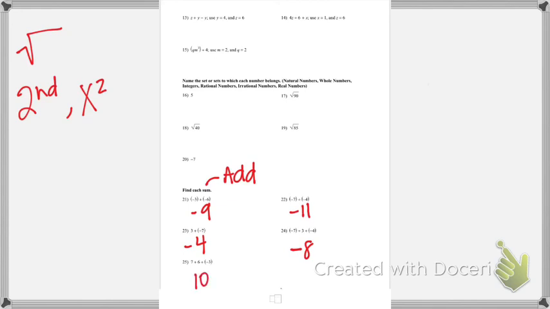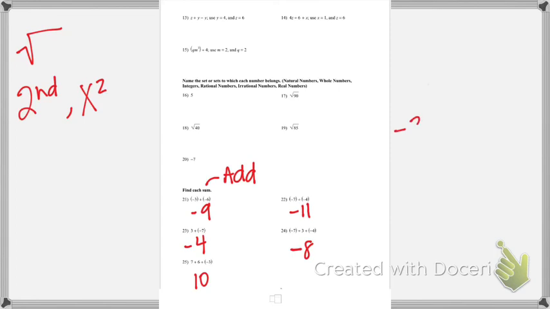So let's think about our rules here. Okay. Does a positive trump a negative, or a negative trump a positive? Negative always trumps a positive. So when you have a negative and a positive beside each other, remember that negative has a little bit more power.